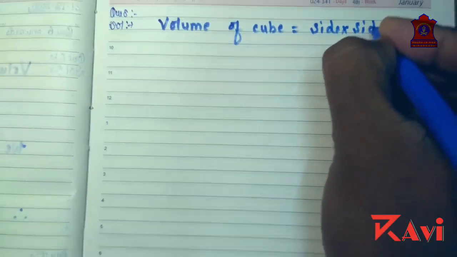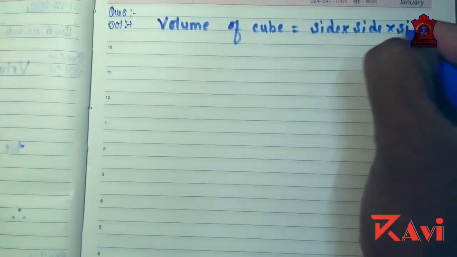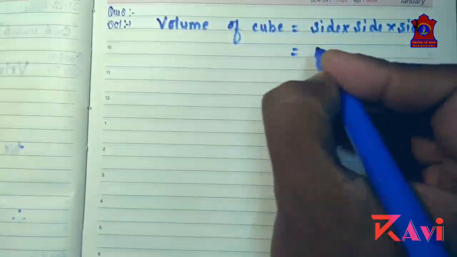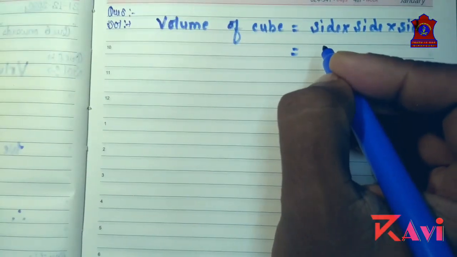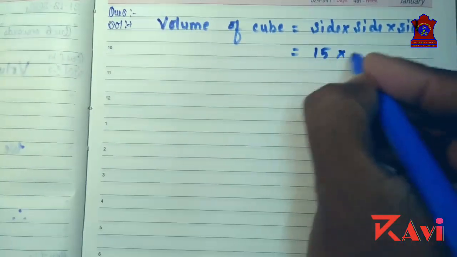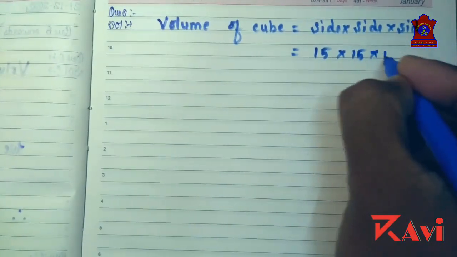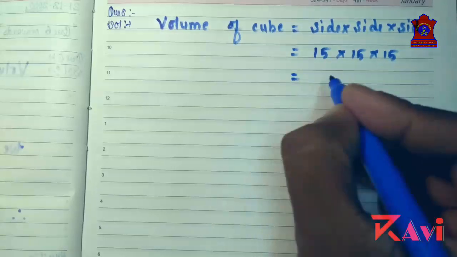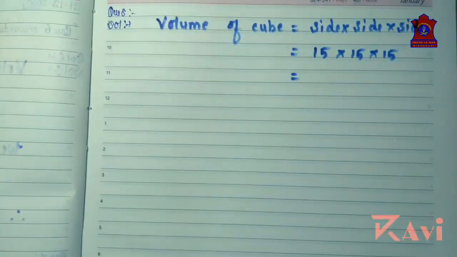Side into side into side. See here, what is the internal edge given here? 15 meter. So 15 into 15 into 15. Just multiply and write the answer.